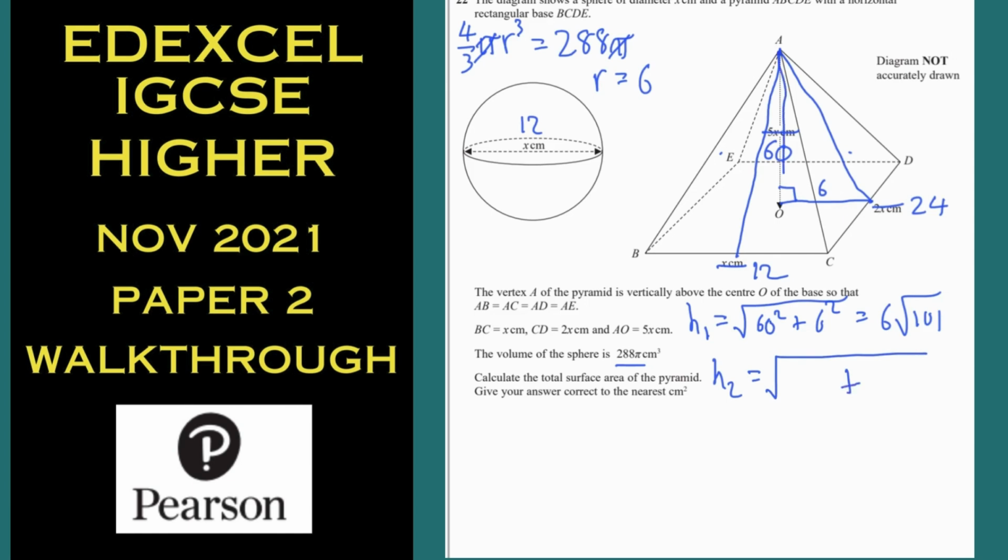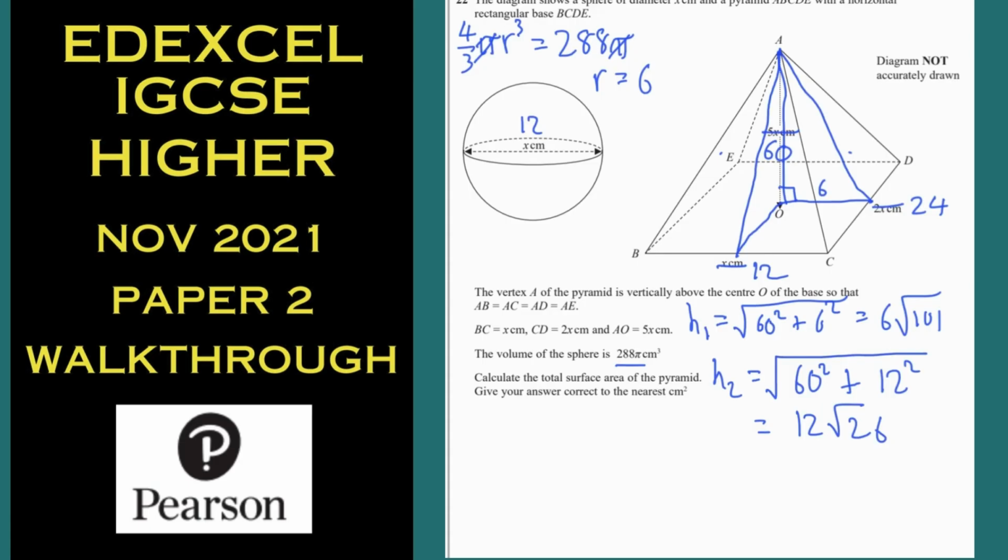Well, 60 is still one of the sides, but this side is not 6. That length there is half of 24. It's a 12. And calc again keeps it in third form, 12 root 26.